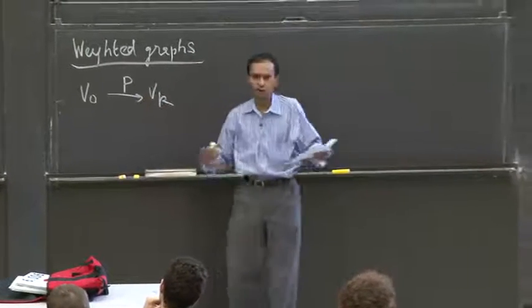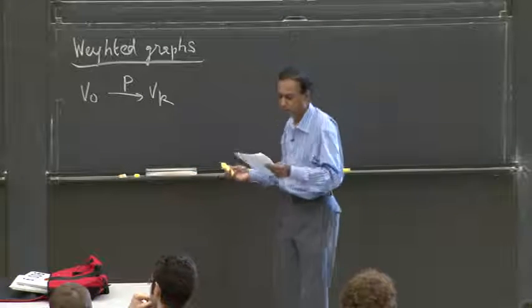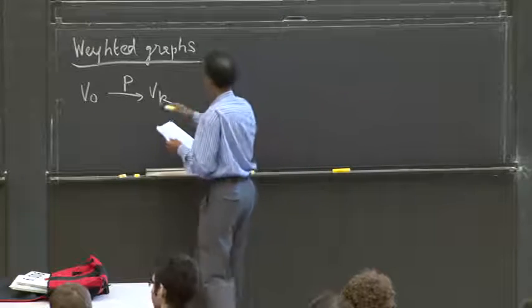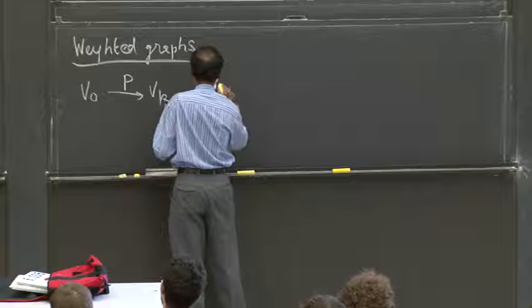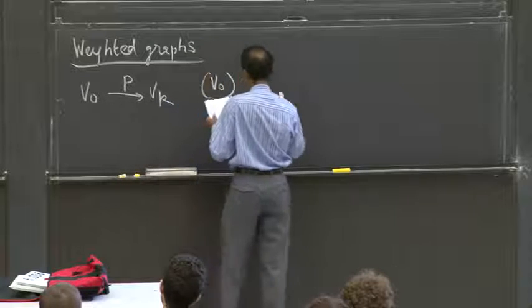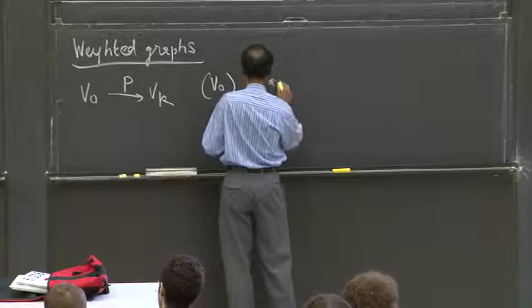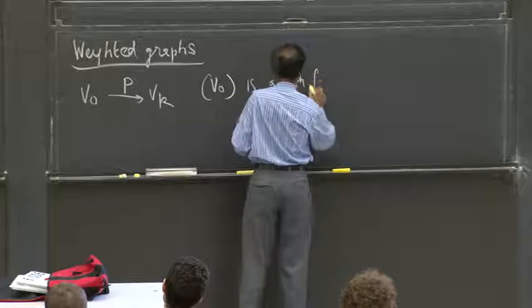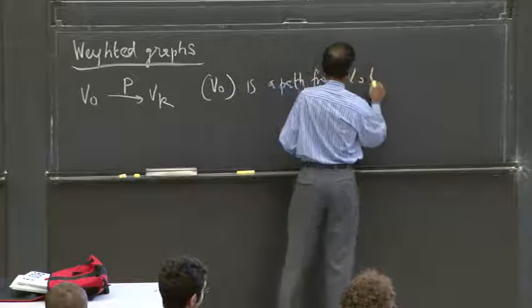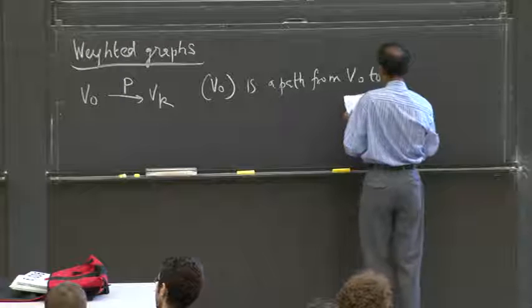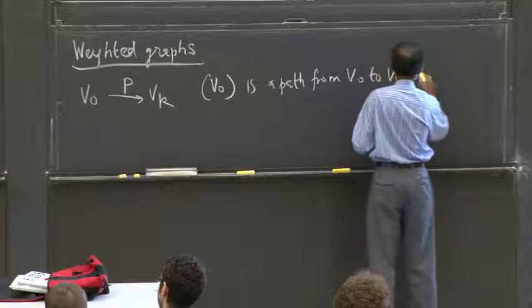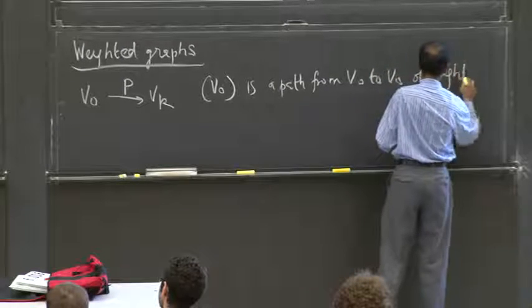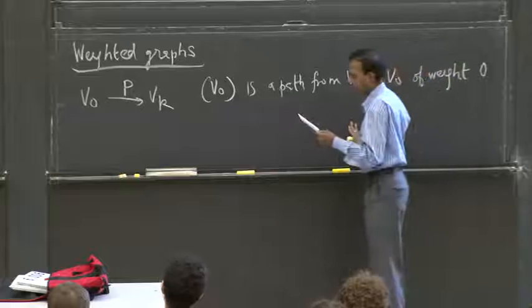Sometimes I'm searching for the path P with a minimum weight, and that's how I'm going to represent that. V0, which is a single vertex path, is the path from V0 to V0, so it's really a 0 length path, and it has weight 0. Right, so that's one condition.